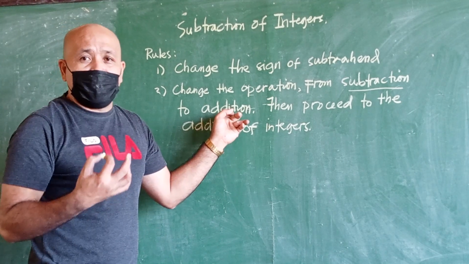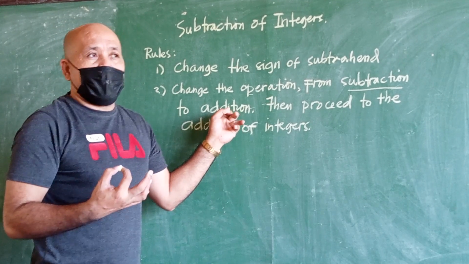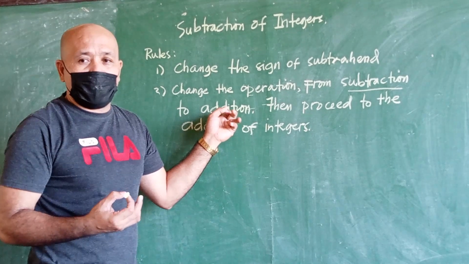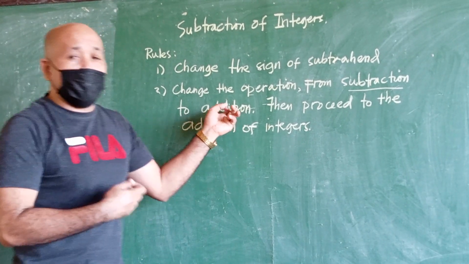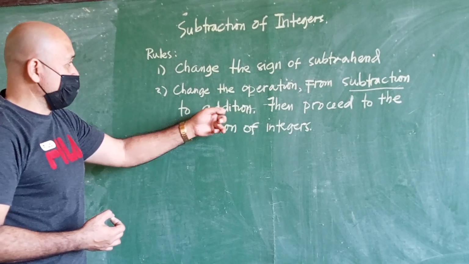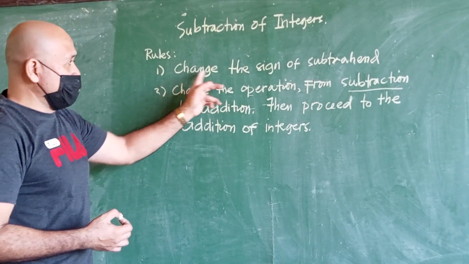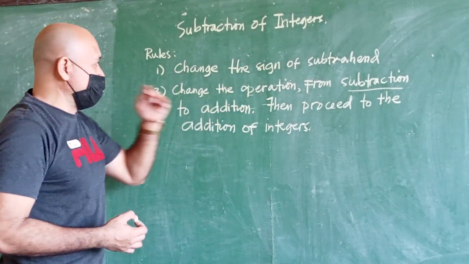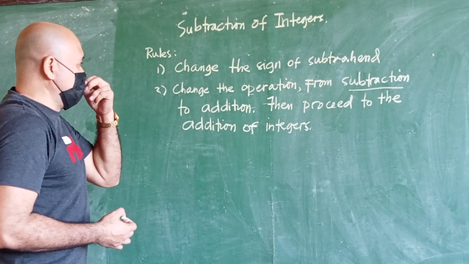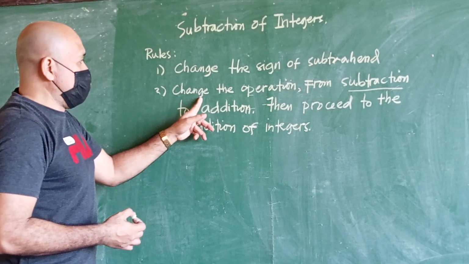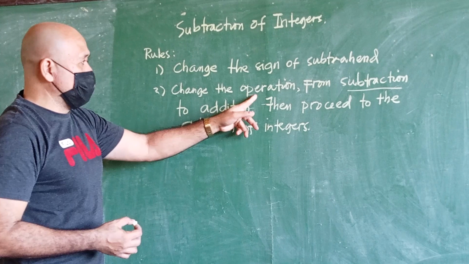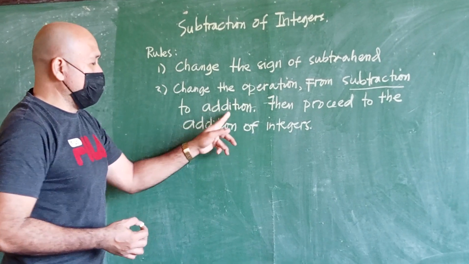That is why you need to master all the rules when adding integers, because we will use those rules in subtraction of integers. Again, after changing the sign of the subtrahend, you proceed to changing the operation from subtraction to addition.